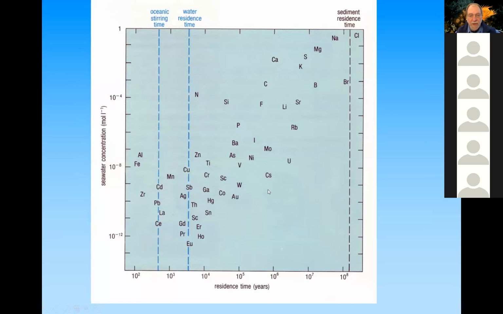So this is a chart of different dissolved solids found in seawater. And all of these compounds are reacting to different degrees with the total environment of the ocean. So for example, calcium is present in significant amounts, but it's interacting.